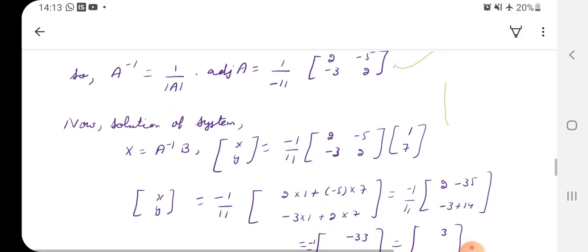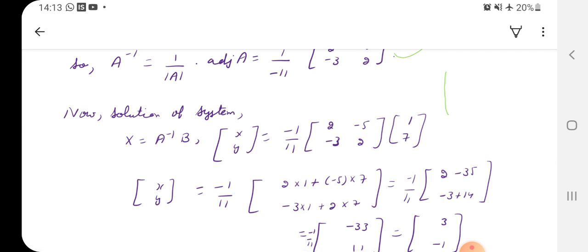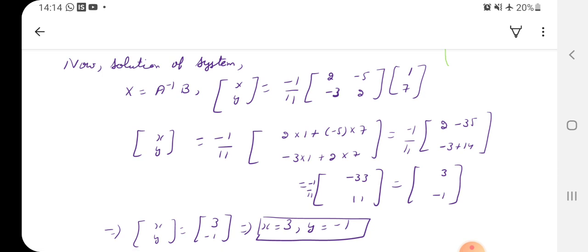Now you have to find the solution, that is given by X equals A inverse B. X is a column matrix of unknowns, which is x and y. So it will be A inverse into B, which is minus 1 by 11 into the matrix 2, minus 5, minus 3 and 2, into the column matrix of 1 and 7. Now multiply both the matrices, keeping minus 1 by 11 outside.